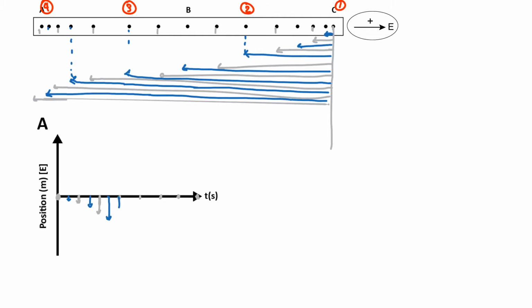So I've done up to this point, and from here on, we can see that everything else is kind of at a constant speed, so that the change in spacing between them doesn't really change. So I'm going to try to do that pretty nicely here. 1, 2, 3.